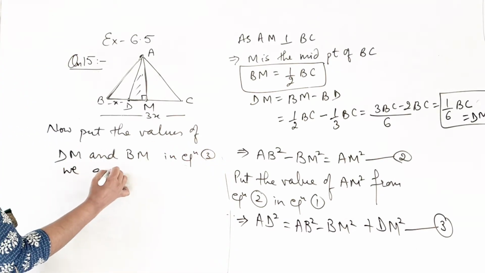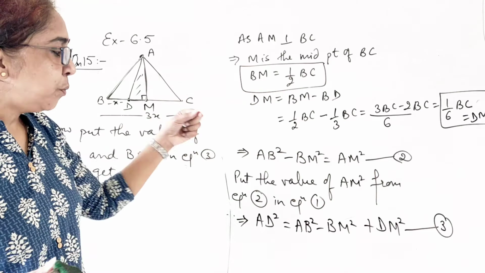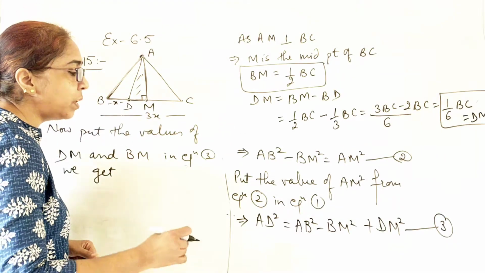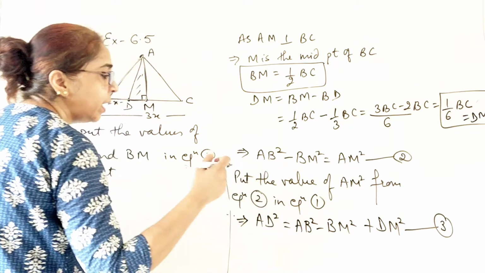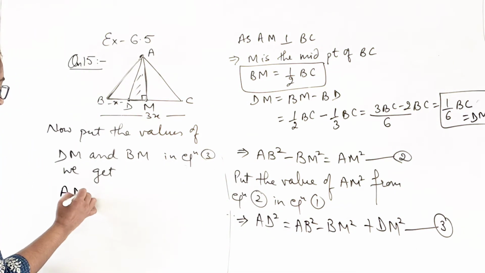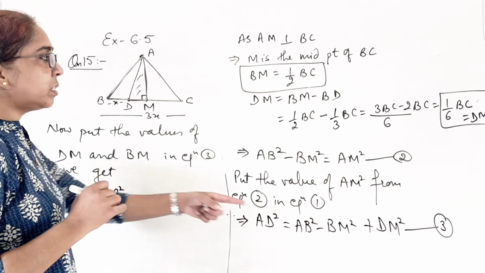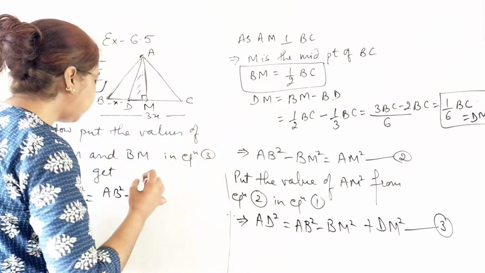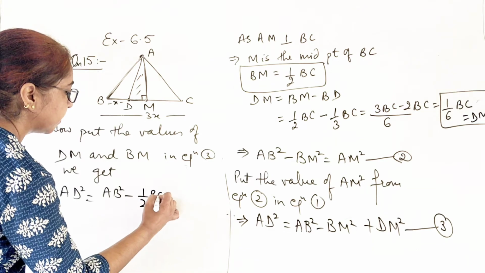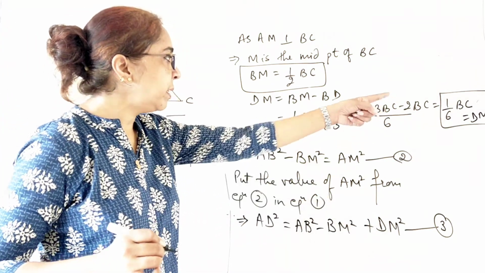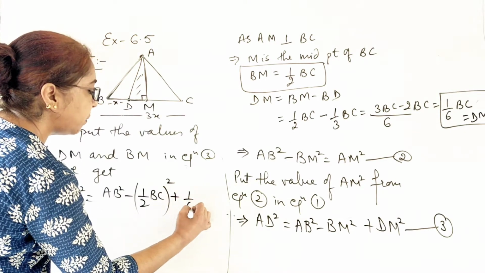Let's see. When I remove this BM and DM, then we'll move ahead so that we'll reach up to AD and AB. Okay, now this is equal to AD square, AB square, BM. What is the value of BM? BM is half of BC, and the square. DM is 1/6 of BC.